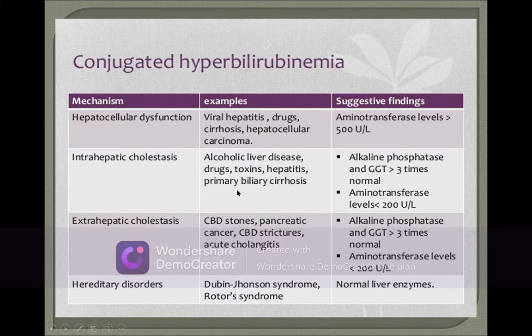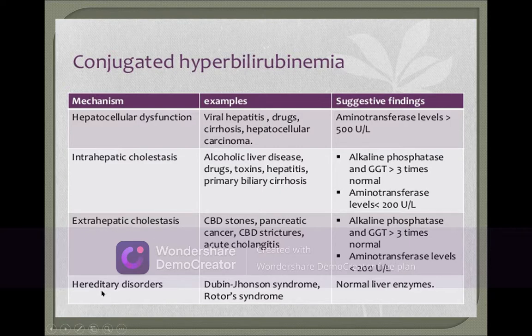Another possibility is that the conjugated bilirubin is not transported out of the canaliculi, meaning stasis there, intrahepatic cholestasis, for example. And then the possibility that outside the liver there is obstruction to the excretion, that is called extrahepatic cholestasis.